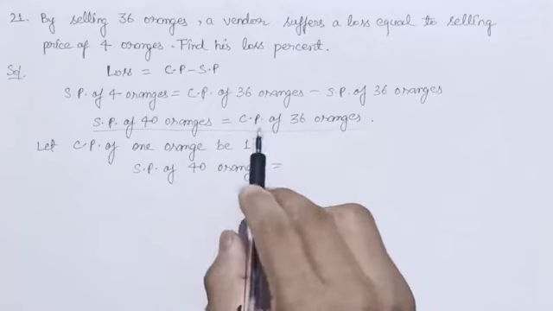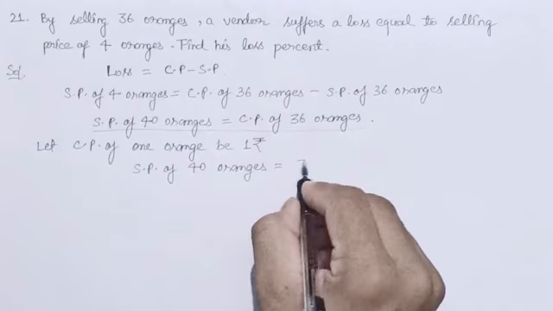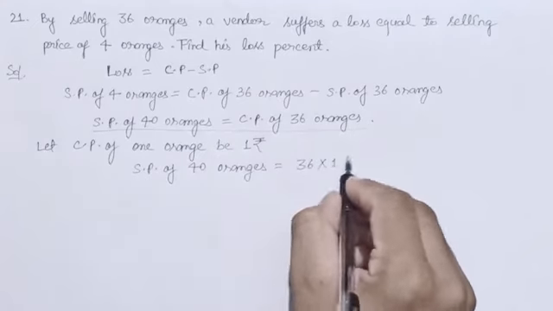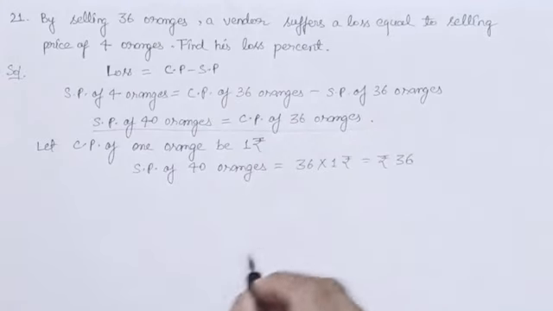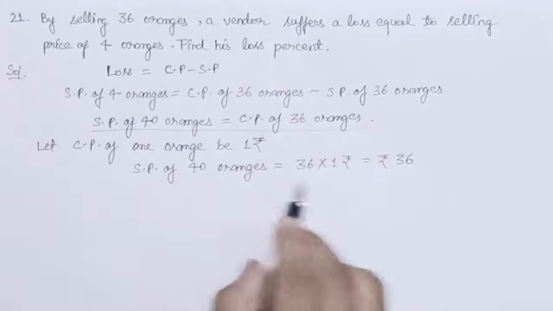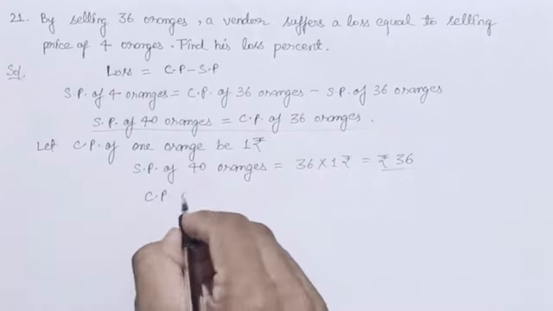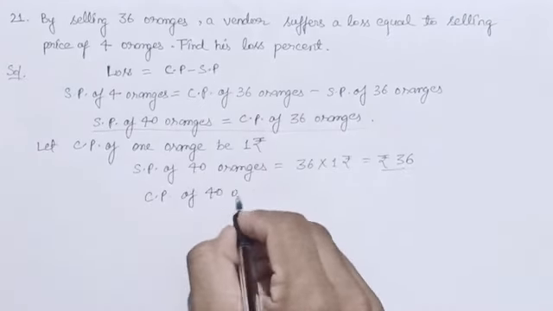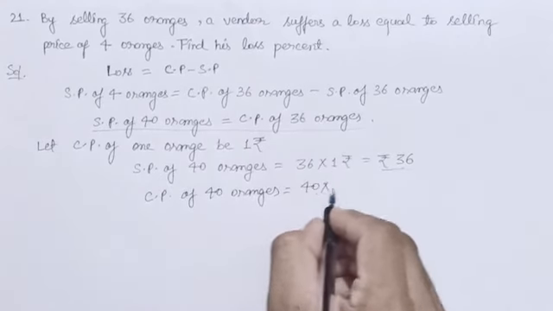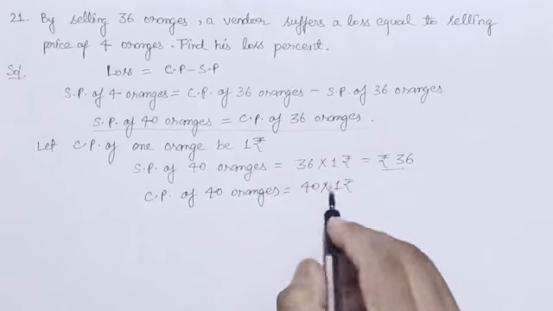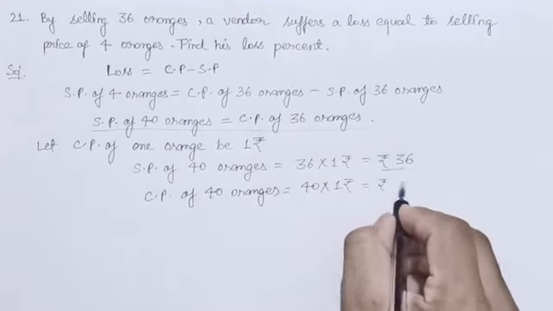And if the cost price of one orange is 1 rupee, then CP of 36 oranges is 36 into 1 rupee, that is rupees 36. So SP of 40 oranges is equal to rupees 36. And CP of 40 oranges is equal to 40 into 1 rupee, because you know the cost price of one orange is 1 rupee. So it is equal to rupees 40.